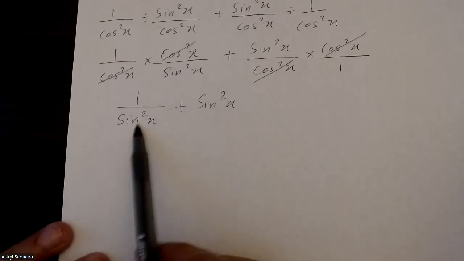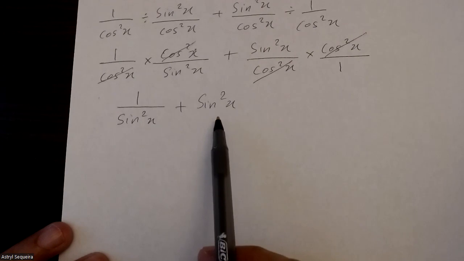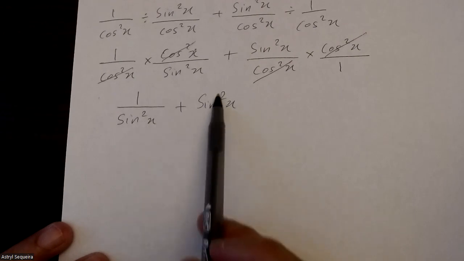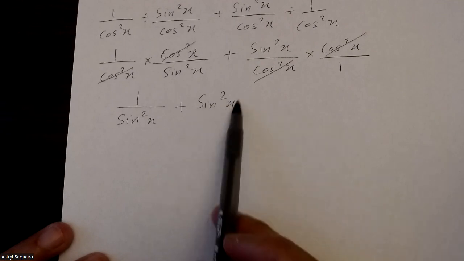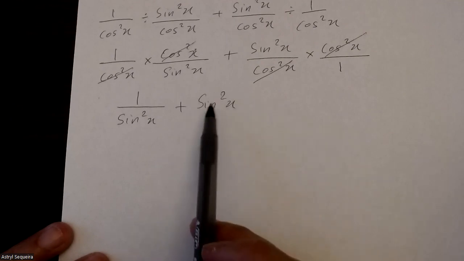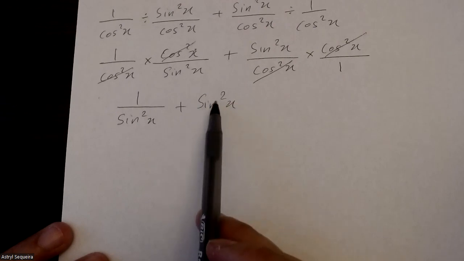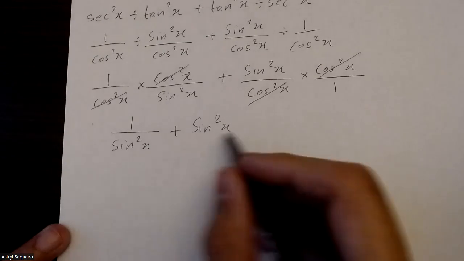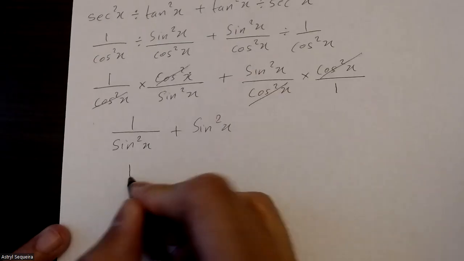The next thing I'm going to do is I'm going to make a common denominator. So I'm going to multiply the top and bottom here by sine square x. And the reason I'm doing this is because I'll get a sine 4x. And when I have a sine 4x, I can easily convert that to cos 4x later on. So I'll multiply the top and bottom here by sine square x.